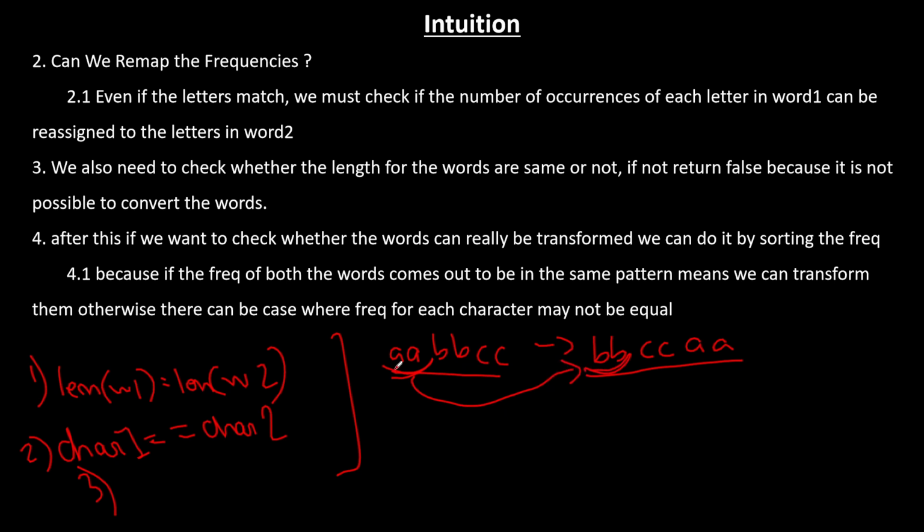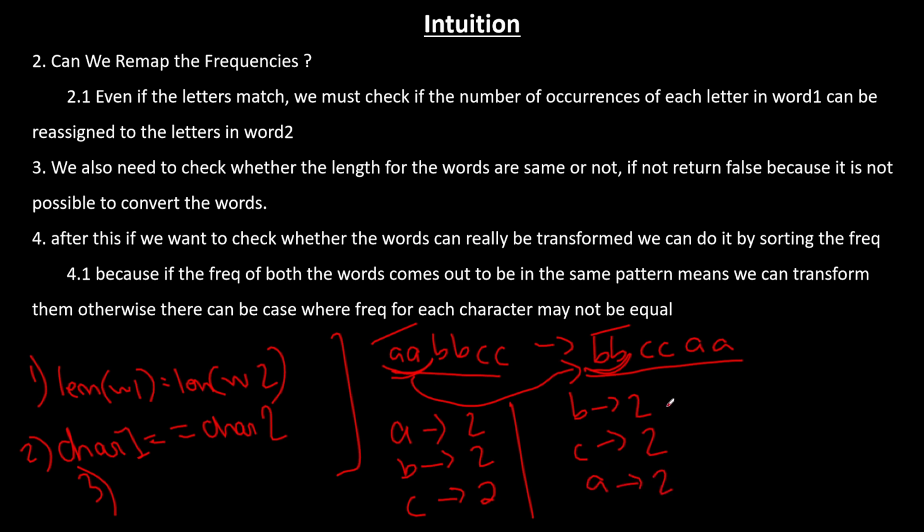We need to know the count of A and the count of B in both the words, right? So what we can do for that? We can just store the count of A, which is 2 here, B, which is 2 here, C, which is 2 here for word 1. And for word 2 also we have 2, 2 and A also 2.